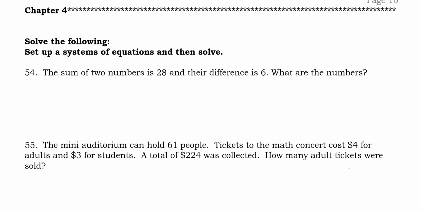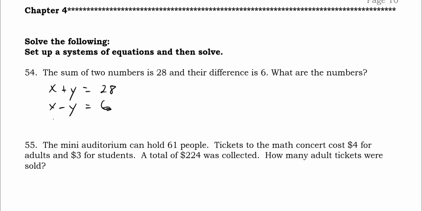All right, chapter 4. Okay, chapter 4, this was systems of equations. Okay, so the sum of two numbers, remember sum means add, so it's x plus y is equal to 28, and their difference is 6, so x minus y equals 6.